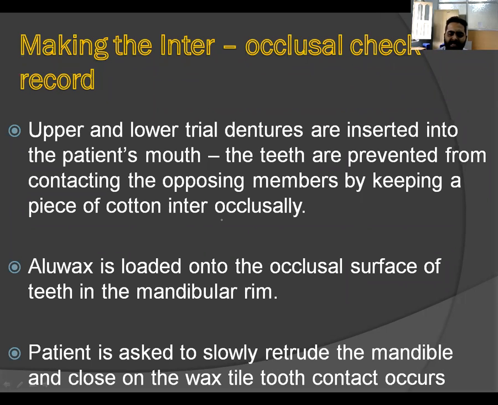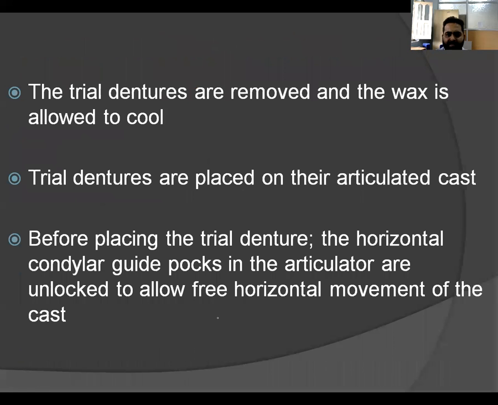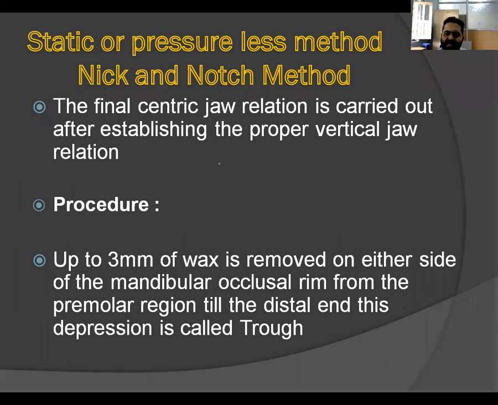So we retrude posteriorly and the patient closes the mandibular rim onto the maxillary rim with the help of wax. Now we wait for some time to let the wax cool down. Okay. After that, we articulate it to the cast.